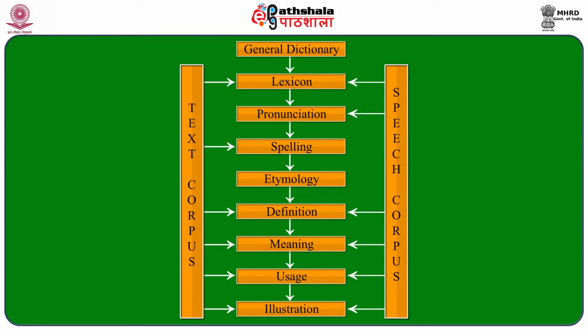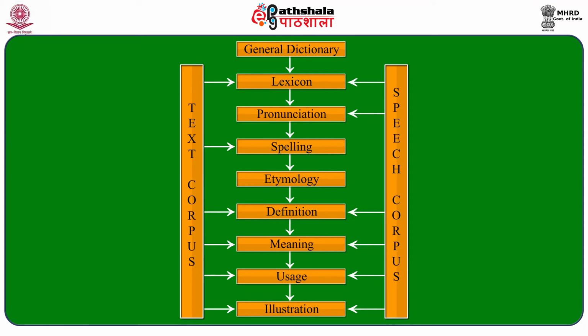If you are developing a general dictionary, we collect the lexicon or word list from both the speech corpus as well as the text corpus. For the pronunciation of the words, which are headwords, the speech corpus is the best source from which we can get sufficient information. In the case of presenting spelling, we can have information from the text corpus.